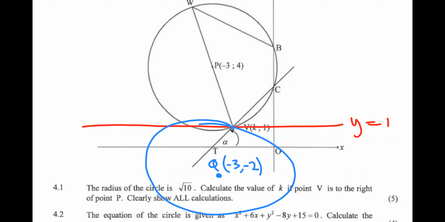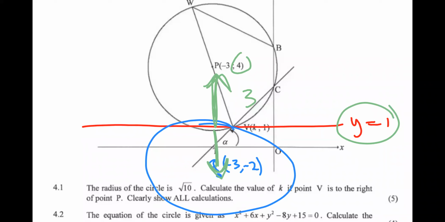Now the reason why the y value is -2 is, think of where this line of reflection is, and think of how many units the center of the circle is above that line. It's 3 units above the line, from where y is equal to 1 to where y is equal to 4. That's 3 units higher. So if it's being reflected, the distance should be the same, but in the opposite direction.